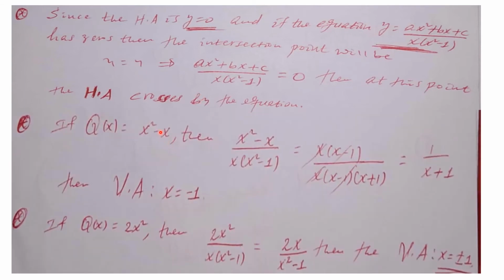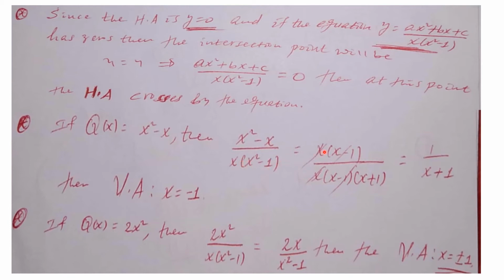Looking at C, in C, q of x is x square minus x, and it says the only vertical asymptote is -1, that is our answer. Then look, substitute x square minus x here; the given denominator is x into x square minus 1.